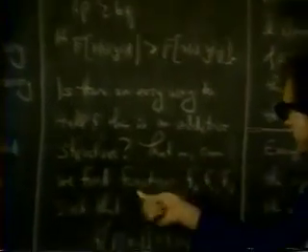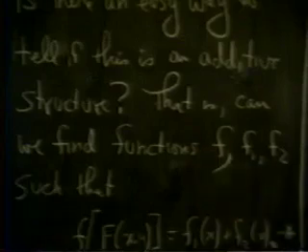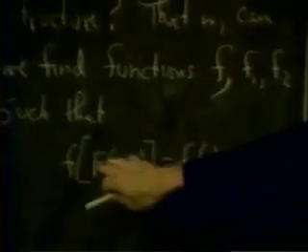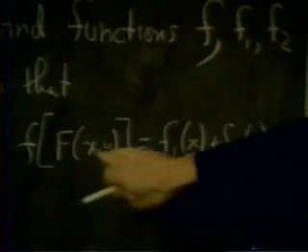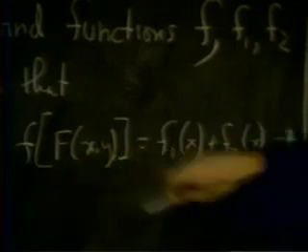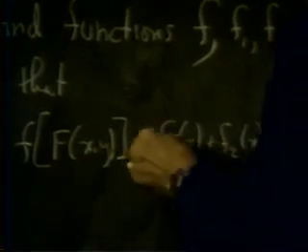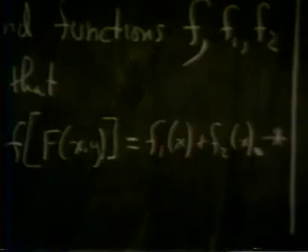That is, can we find functions little f, f1, and f2 such that when you apply little f to capital F, it can be represented as f1 of x plus f2 of y? And that is an additive representation, of course, of that ordering induced by capital F. Now I'll call that relationship star.